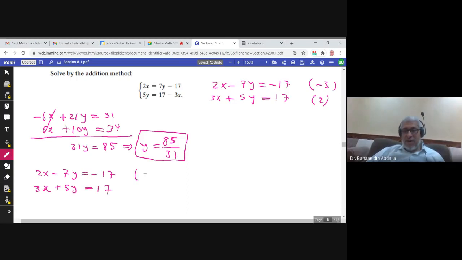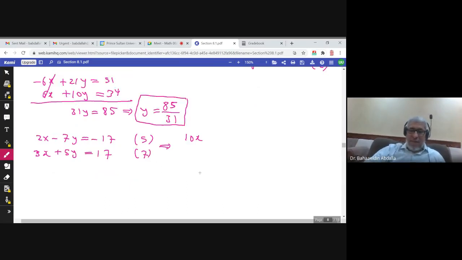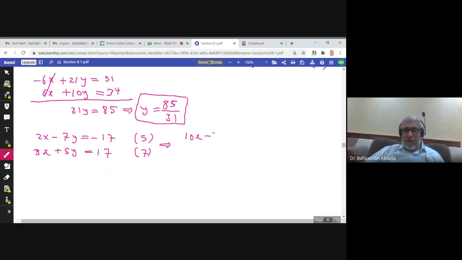So if you multiply here by 5 and here by 7, you will get the following: 2 times 5 is 10x, minus 7 times 5 is minus 35y, and 17 times 5 is negative 85. The second equation, multiply by 7, 21x plus 35y equals 17 times 7, and that's 119.